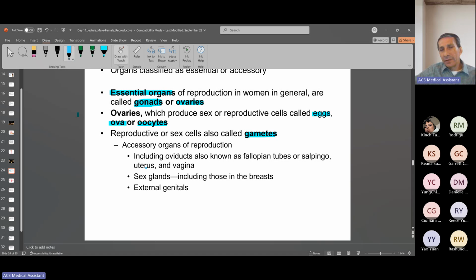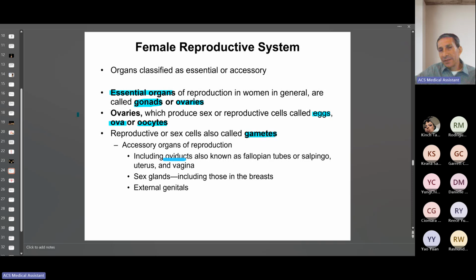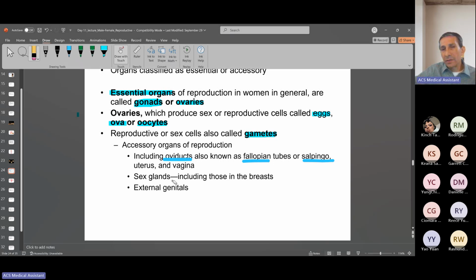Here we're going to have the oviducts, also known as the fallopian tubes, also known as salpingo. So salpingo, fallopian tubes, oviducts mean the same. This is like eggs, ova, and oocyte. Those are synonyms.